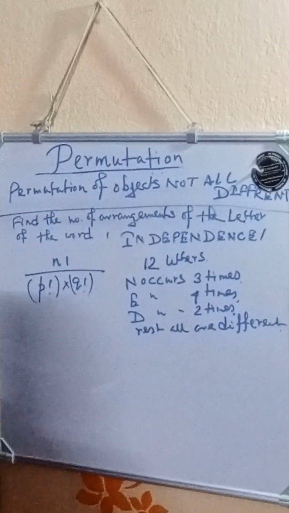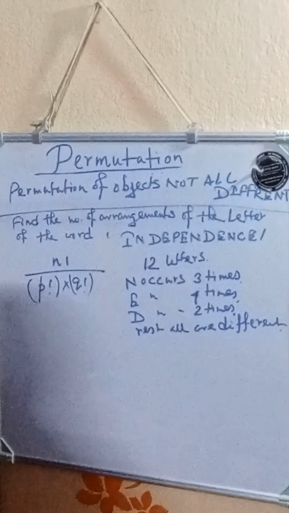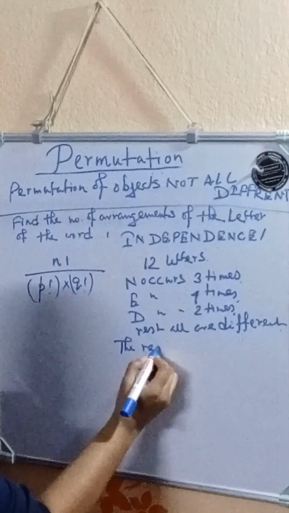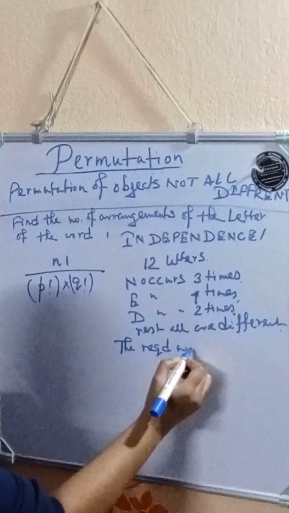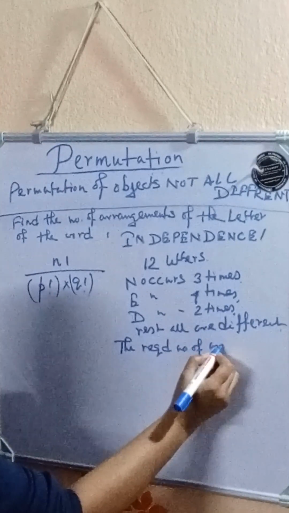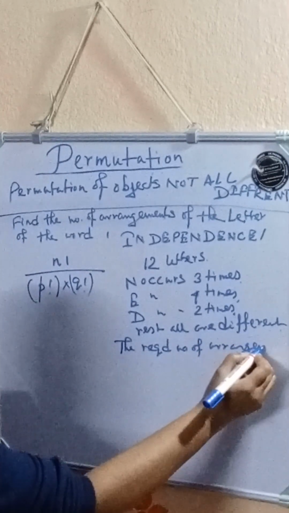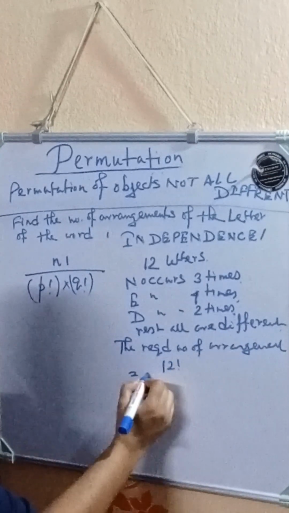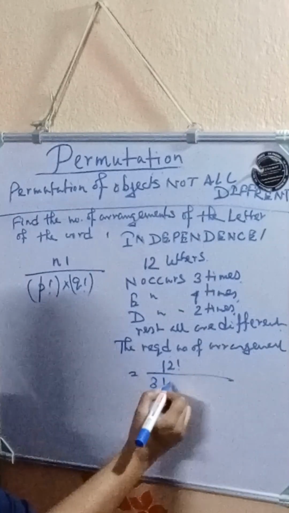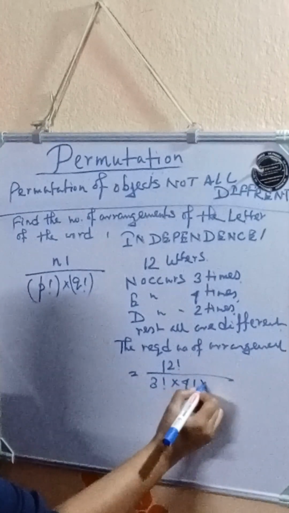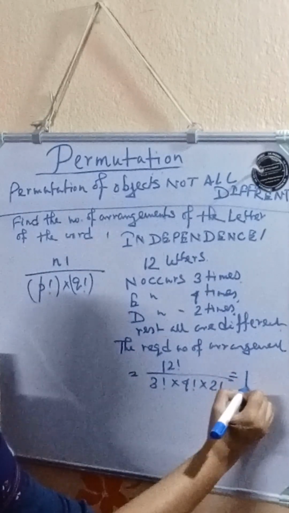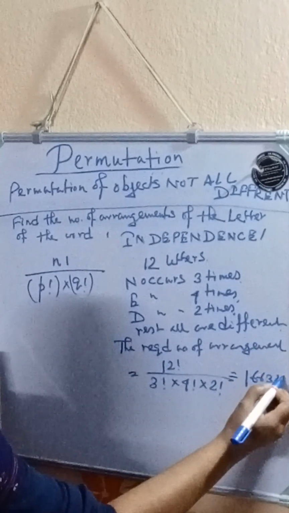Therefore, the required number of arrangements equals factorial 12 divided by factorial 3 into factorial 4 into factorial 2, which equals 1663200.